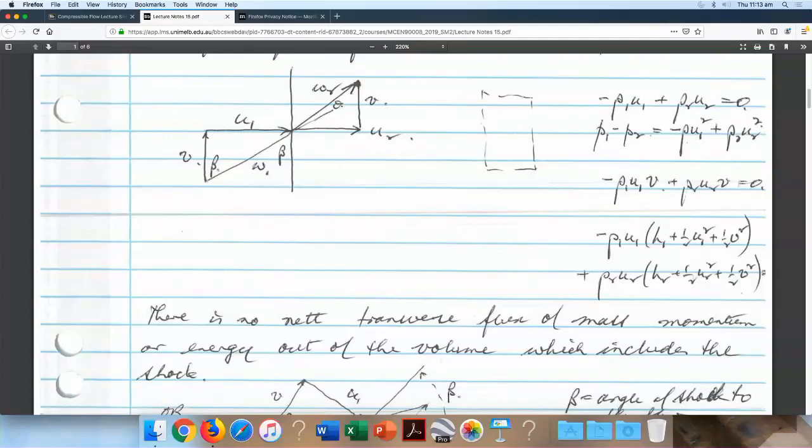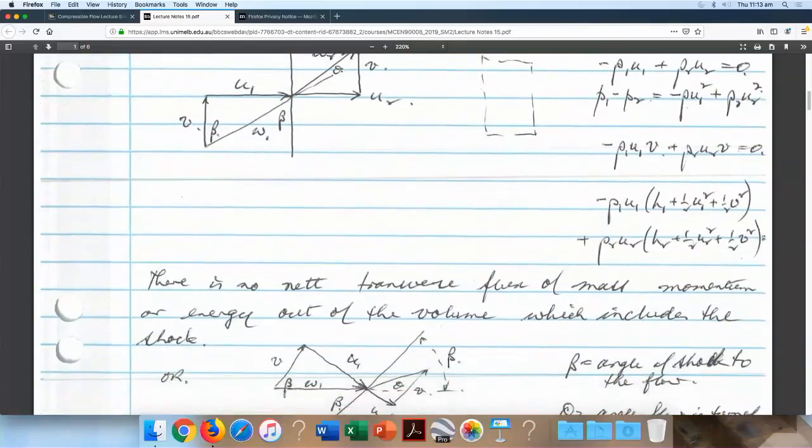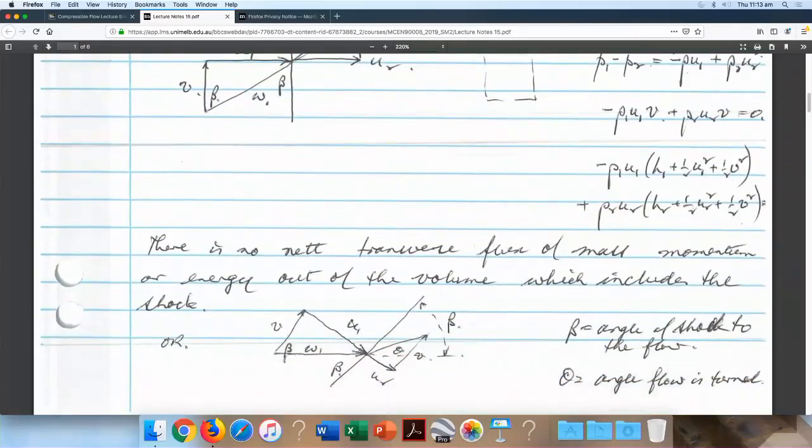So I can redraw that figure so that it's more physically comprehensible. Here's the normal velocity, u1, and here's my added v component of velocity.